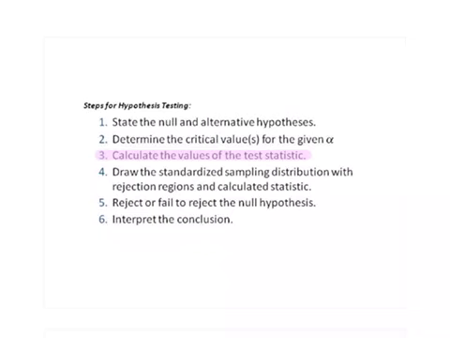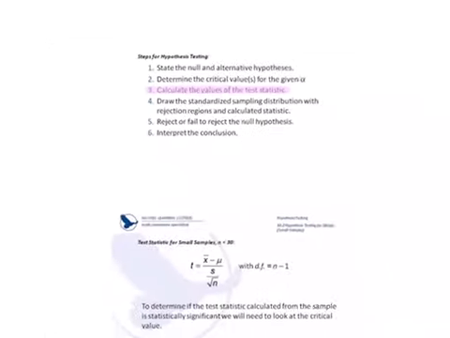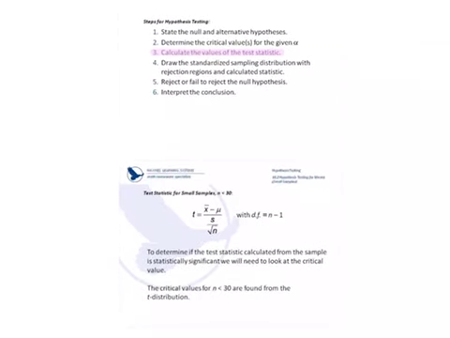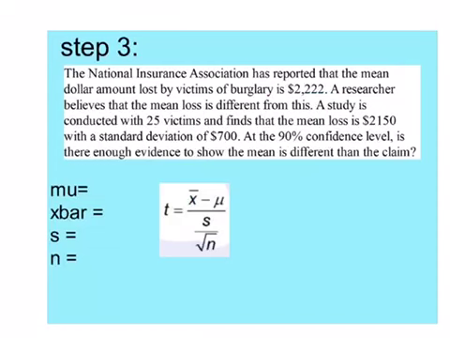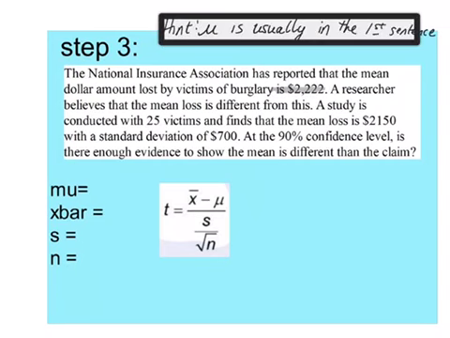Step 3, we're going to calculate using the sampling distribution formula. You've seen it before. Listing out the pertinent information, we say, is 2022? Hint, mu is usually in the first sentence. So mu is 2,222. Keep reading.